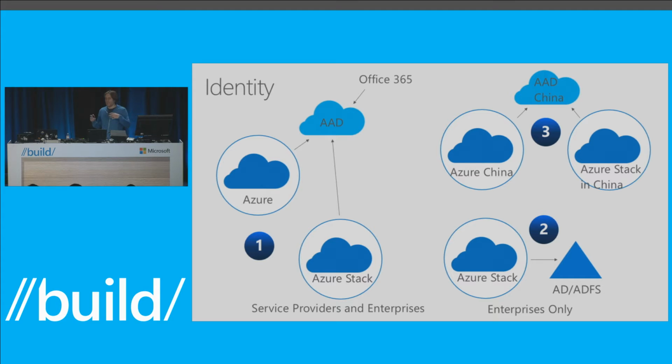Second, you can actually set up Azure Stack with a private AD and ADFS connection, right? This is where it's completely disconnected. It's not even talking to cloud at all. It's completely private. Nobody can see it. It's yours. It's important to know that in this case, you're basically enterprise and you're unlikely to be a hoster, because that AD is a single tenant from our perspective.